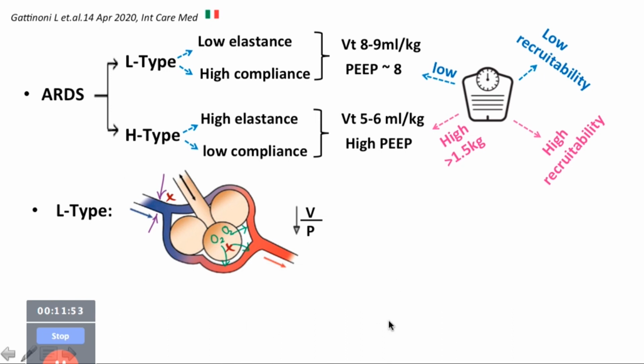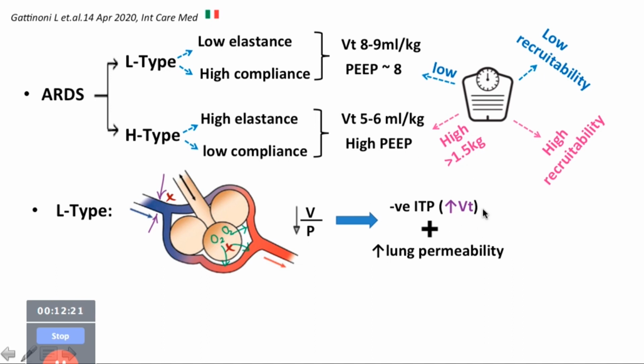The pathophysiological hypothesis of L type, which the authors refer to, is a ventilation perfusion mismatch, where there is a lack of hypoxic pulmonary vasoconstriction. Because of the ventilation perfusion mismatch, there is a huge tachypnea which generates negative intrathoracic pressure.